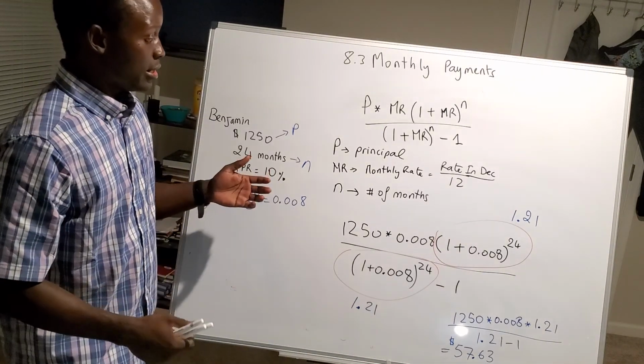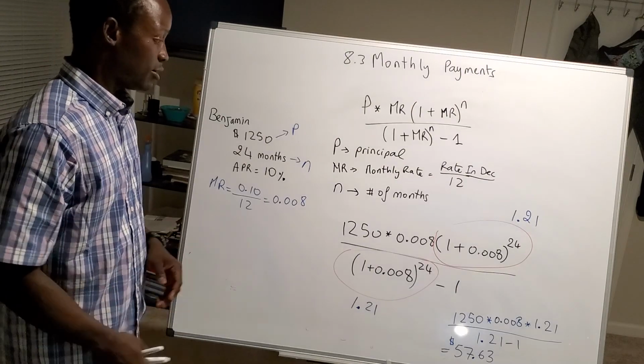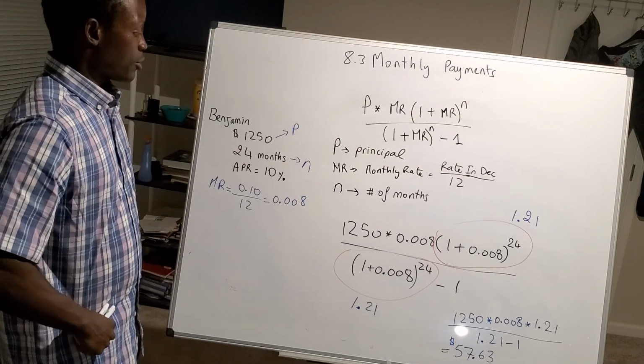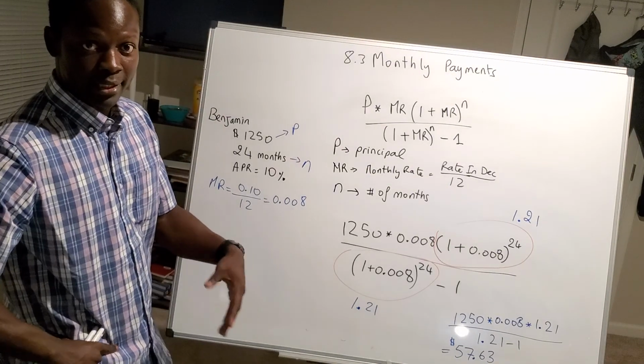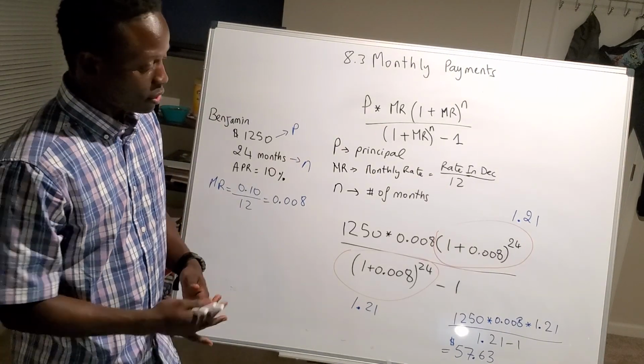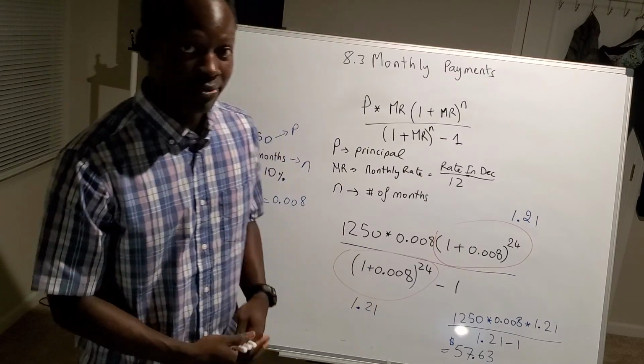And now, because we're using decimals, we're approximating. And also, if somebody asks you how much is the finance charge, right? We talked about, if you have your monthly payment, how do you find your finance charge?